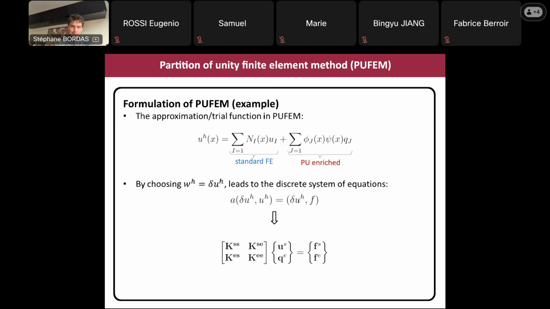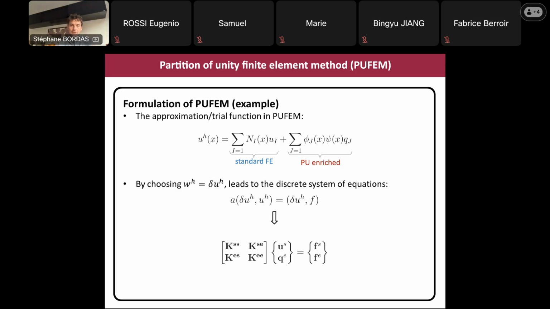I would like you to think about what that means and why it is like that. So this SS, SE, EE, ES. That's standard, only that part, the blue part. Then standard enriched will be the blue part multiplied by the enriched part, enriched standard, and then enriched, between this and itself.